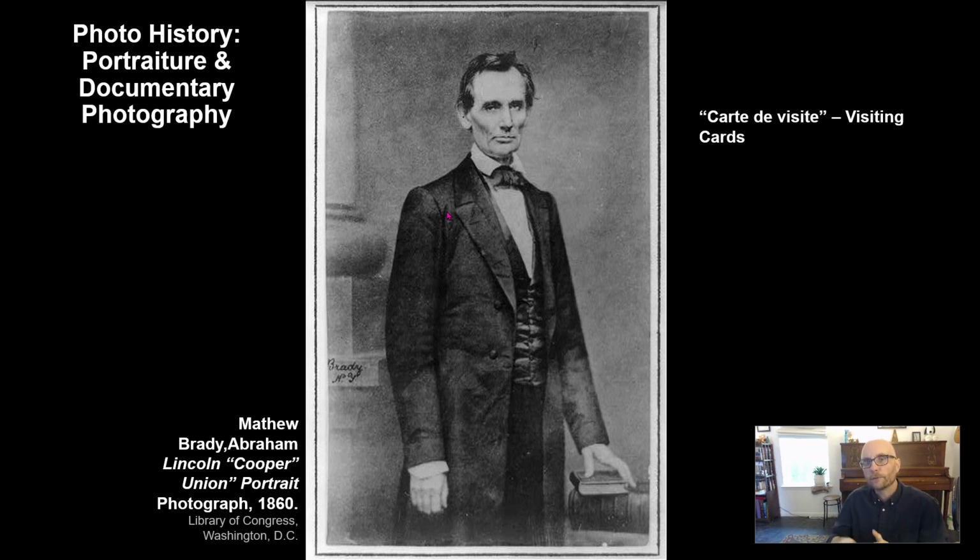And the Cooper Union portrait and the Cooper Union speech are very important in Lincoln's political career, because in this speech, Lincoln lays down his plans for the future of slavery in the United States. And he says that no new states allowed into the Union can be slave states.